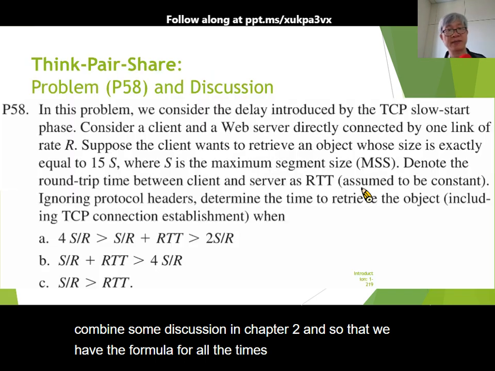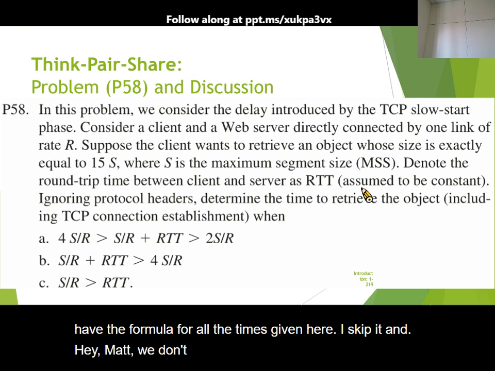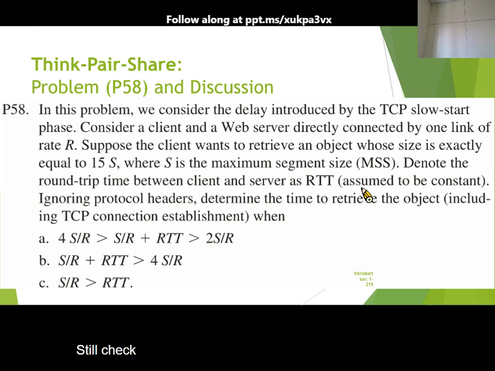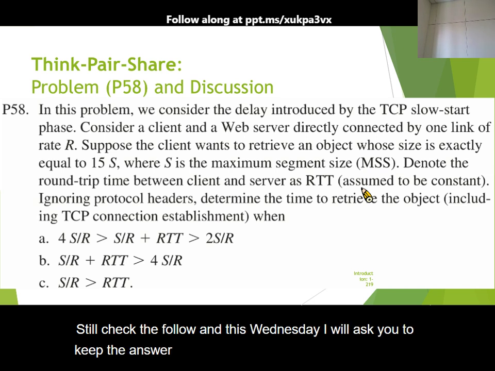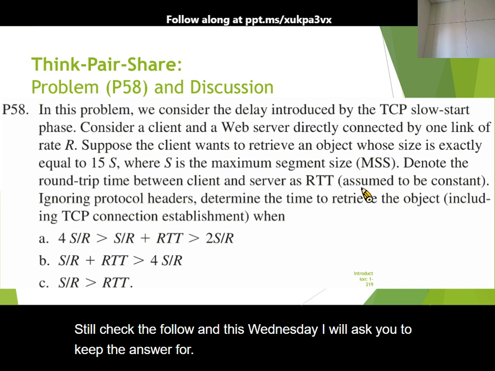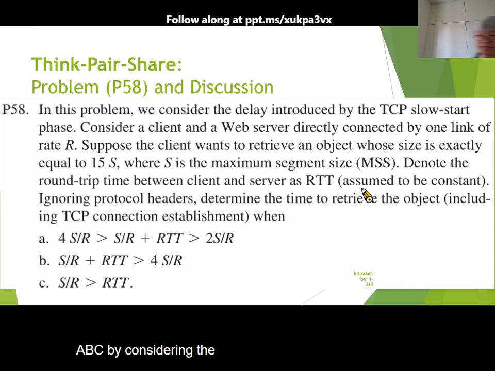I skip it, and even if we don't finish it this time, still check the bottom. And this Wednesday, I will ask you to key in the answer for A, B, C by considering the current example.